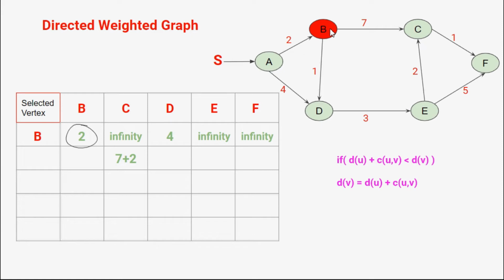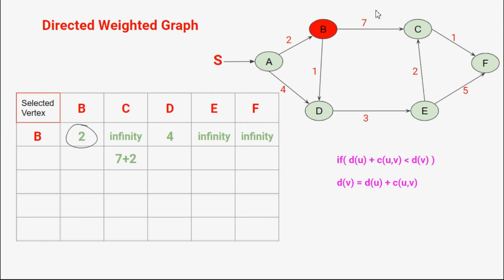Because this is not the source vertex, so we need to check the distance of this vertex from the source vertex, because we are supposed to calculate the cost from the source to all other vertices. So we need to check the distance of U plus the cost between U and V, and that would be the final distance of vertex V.